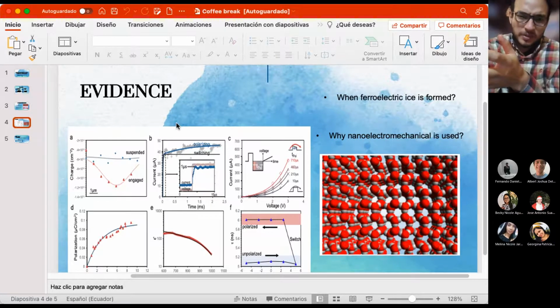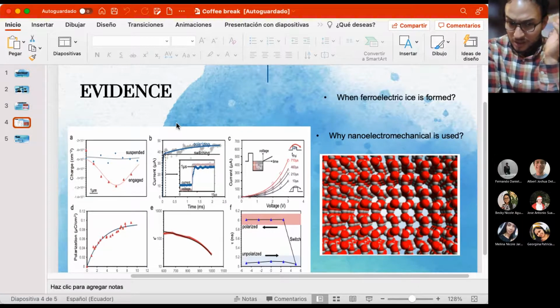Okay, yeah, but I don't really get it. So figure C, you're just comparing current and voltage, right? Yes. And I can see that, I guess, with increased time, you get a higher current with the same voltage. What were they measuring?